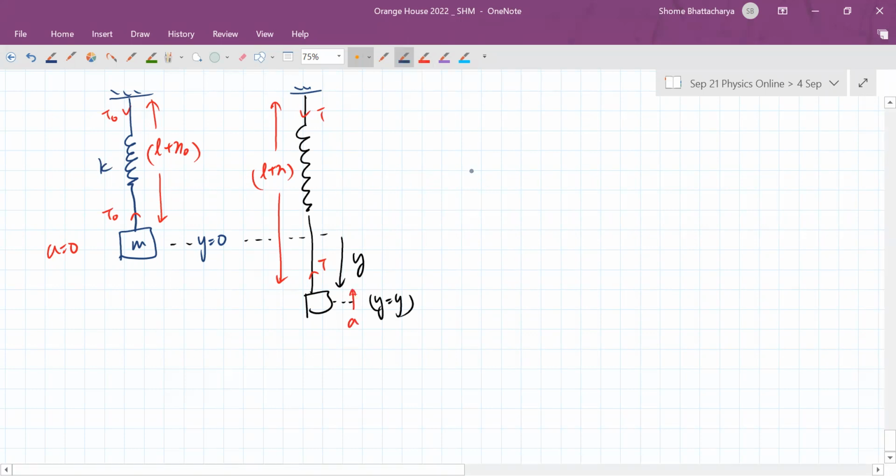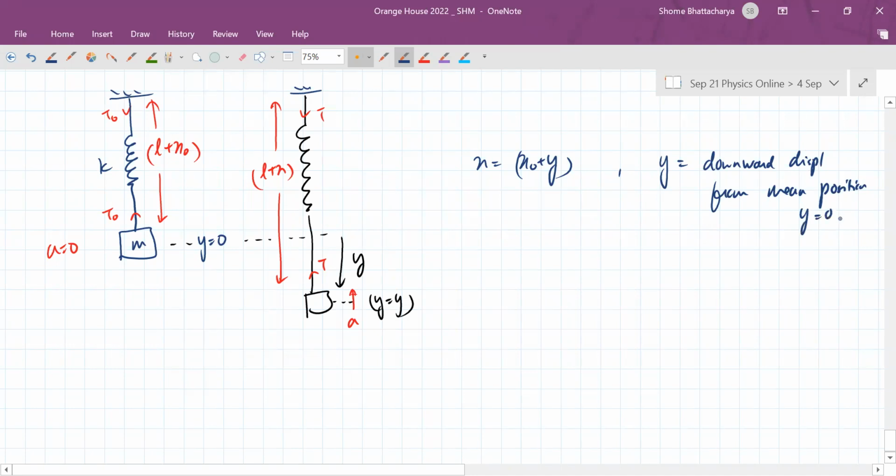So in the second case, x has become x naught plus y, where y is the downward displacement from mean position. A mean position is y equal to 0.